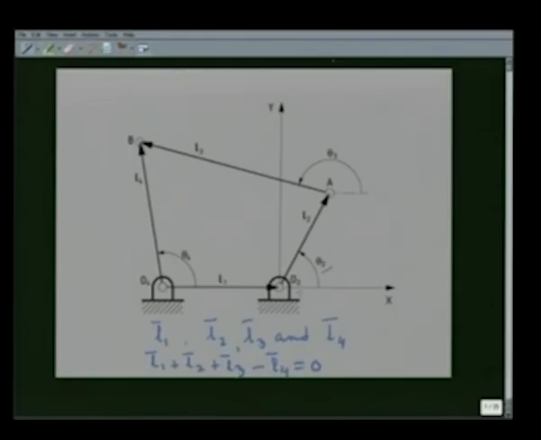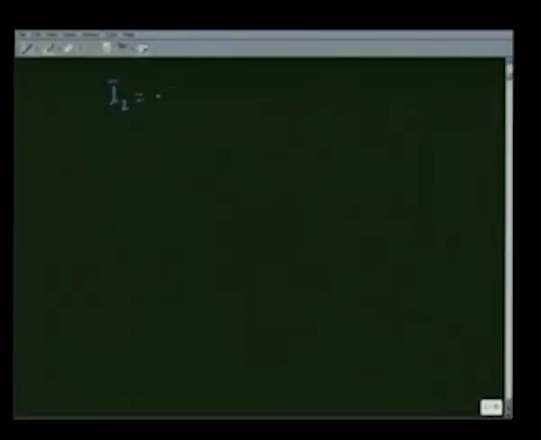To analyze this equation, we write L2 vector in terms of complex exponential notation, that is L2 e to the power i theta 2. Same for L3 vector as L3 e to the power i theta 3 and L4 vector as L4 e to the power i theta 4.